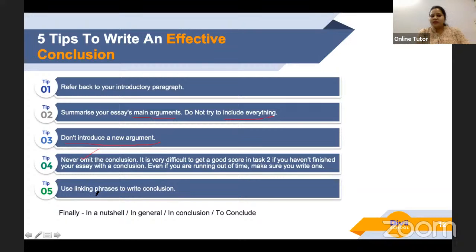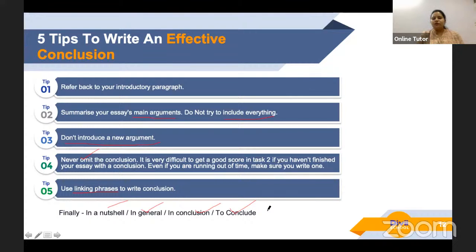It is advised to use linking phrases to write the conclusion. Phrases like in a nutshell, in general, in conclusion, to conclude. Okay, these are some of the examples which we can use to begin our conclusion.